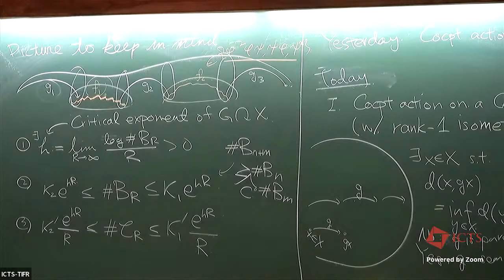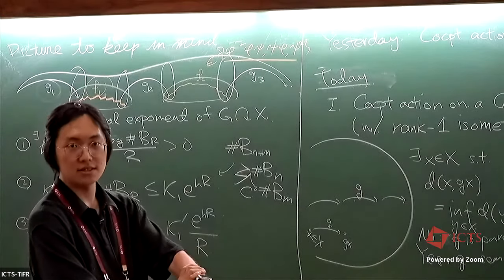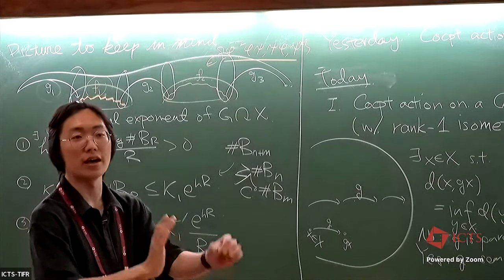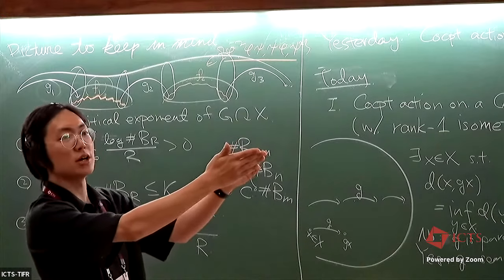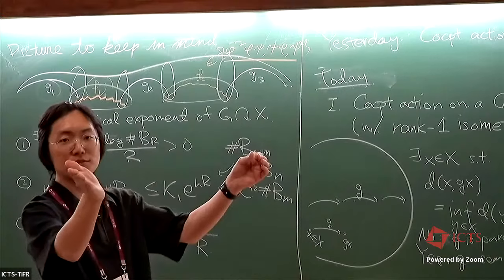Let's try to utilize that property when you study counting problems on CAT(0) spaces, group actions on CAT(0) spaces. So what's the point? Not all geodesic progresses are contracting in this case. So you will not have this kind of local to global promotion between arbitrary geodesics on a CAT(0) space, right?